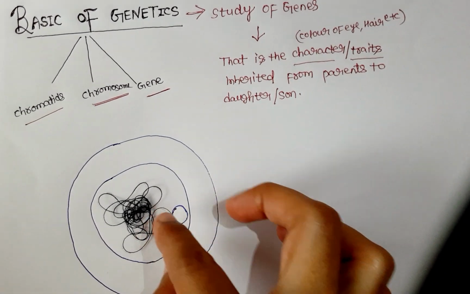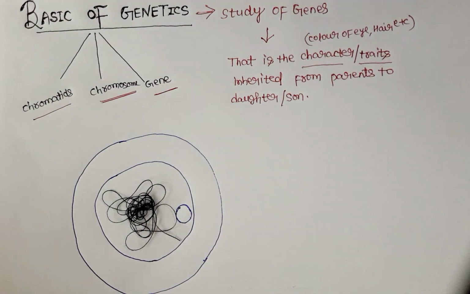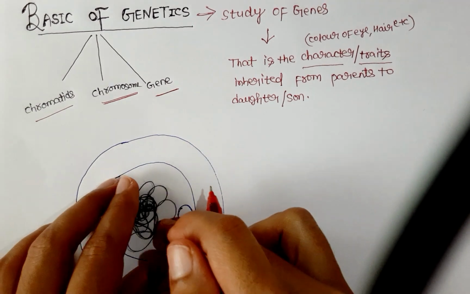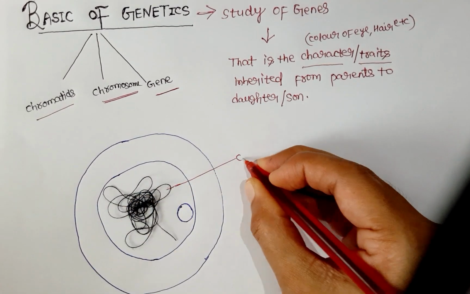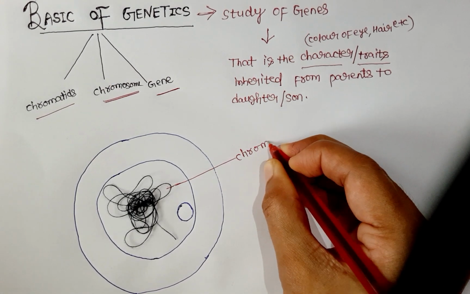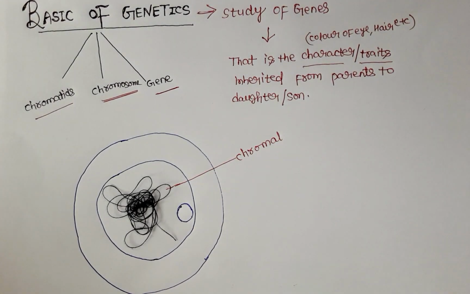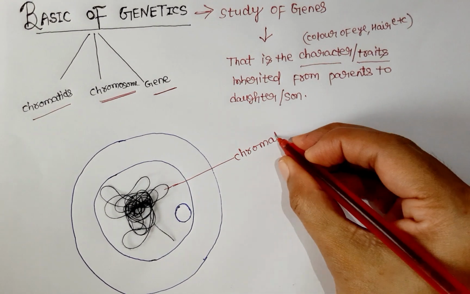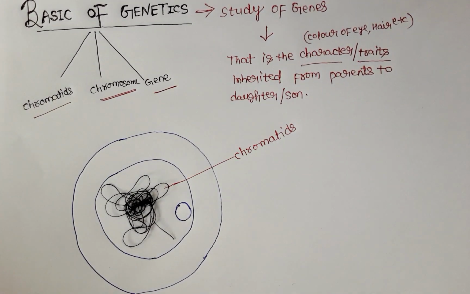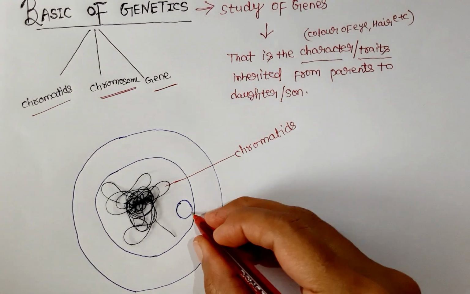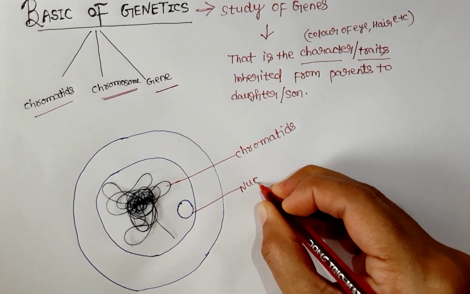This is chromatid, which is present as a thread-like structure. So, have you understood? This is chromatid. This is the nucleus.